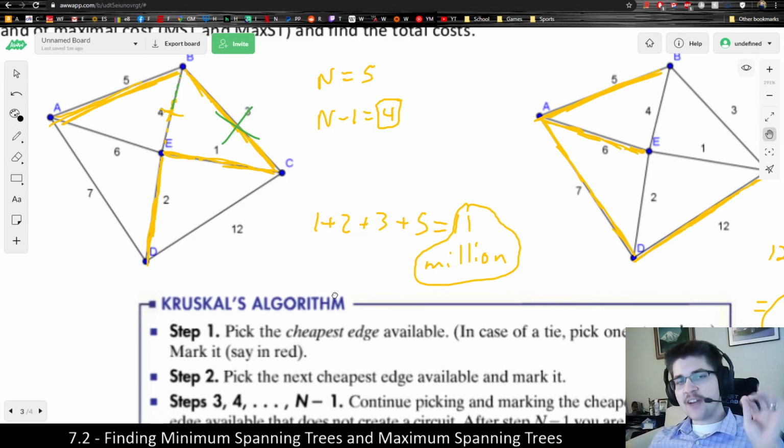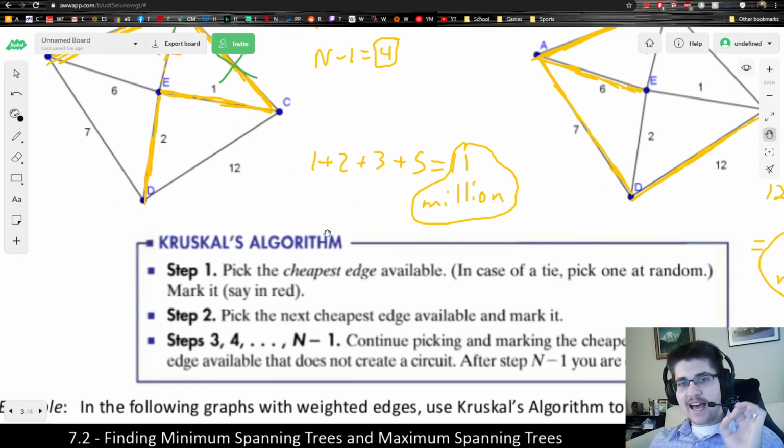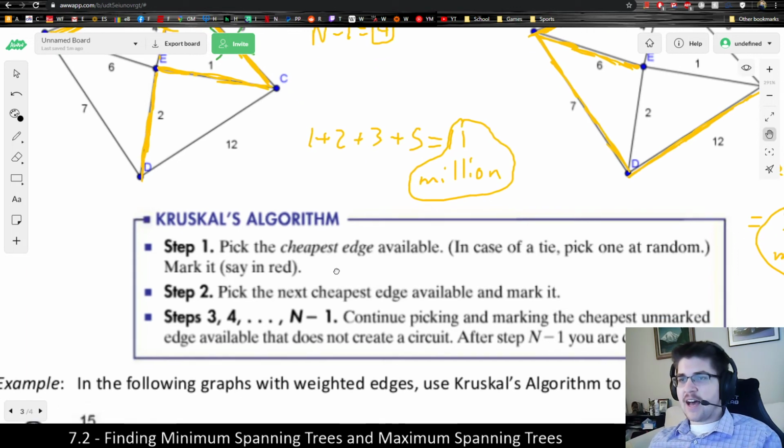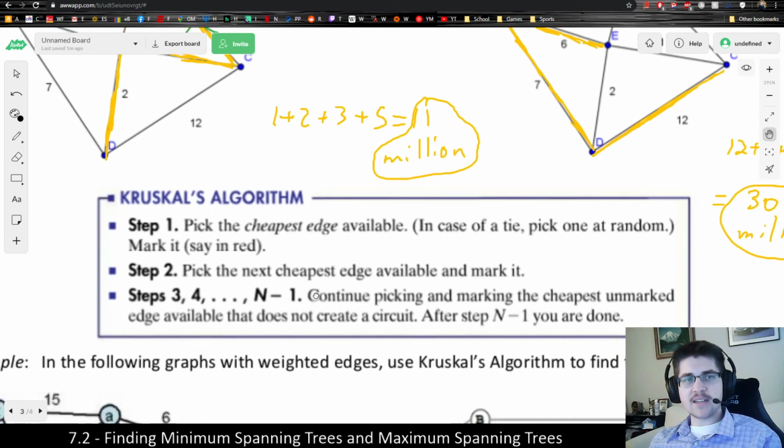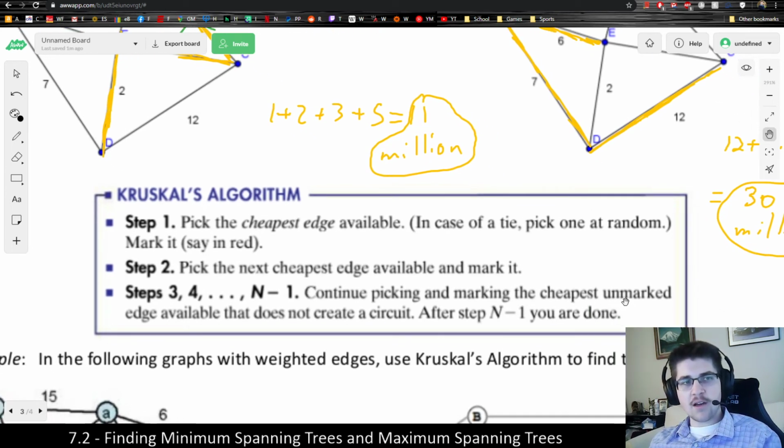And actually, another thing I wanted to mention about this algorithm is it's almost exactly the same algorithm as the cheapest link algorithm from chapter 6 that we did in the last chapter, with one notable difference, and that's the last step. It says step 3 all the way up to step n-1: continue picking and marking the cheapest unmarked edge available that does not create a circuit.